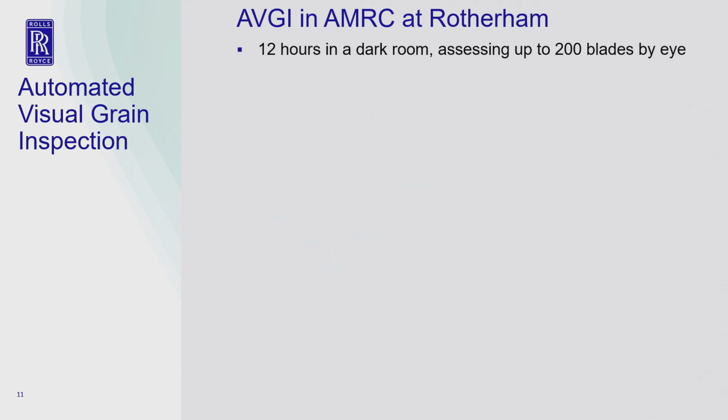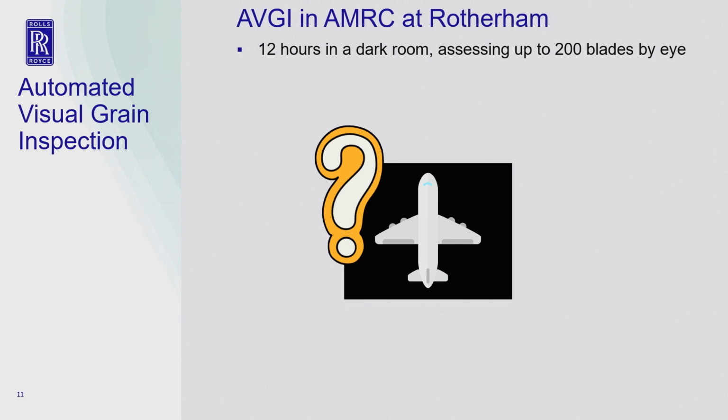Yeah, that one's good," in a 12-hour period in a darkroom. And he achieves about 200 in that time. So the question is, is this an ethical job? Because it's associated with safety and it requires perfection. Should we as a society ask humans to do something like that?